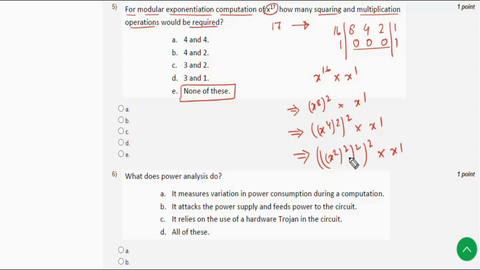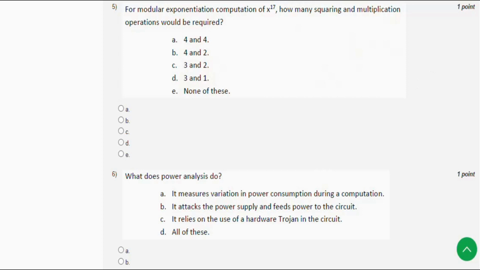So you can check the squaring number is 1, 2, 3, 4. How many squarings are there? 4, and multiplication, that is 1. So we need 4 squarings and 1 multiplication, but this option is not available in the answers. So the answer will be none of these. So I select option E.